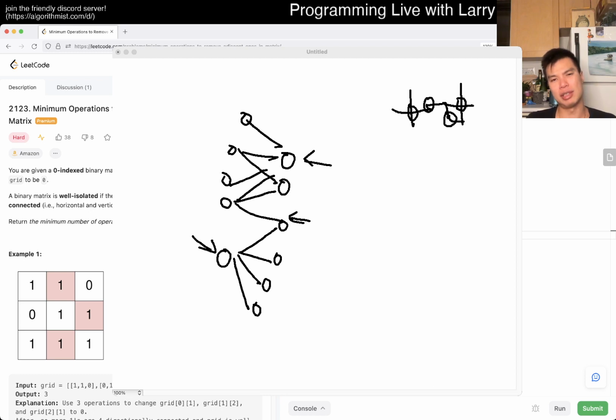I'm trying to think whether it ever makes sense. Can you do greedy, and does it ever make sense?